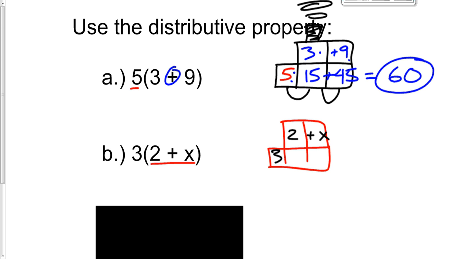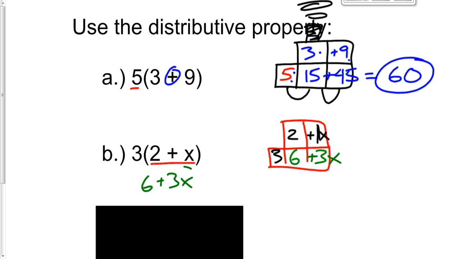Now, if you don't see a number in front of x, we consider that a 1. 1 times x is still x. Remember, 1 times anything is the same thing. So here's what we do. We do 3 times 2, which is 6, and then 3 times 1 is 3, but then we also have an x there too. So this turns into 6 plus 3x.